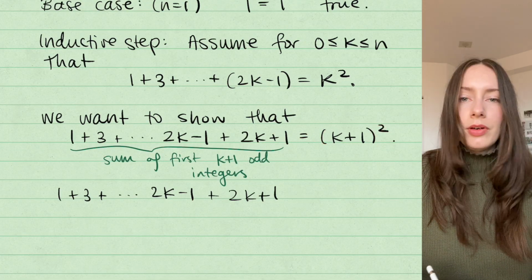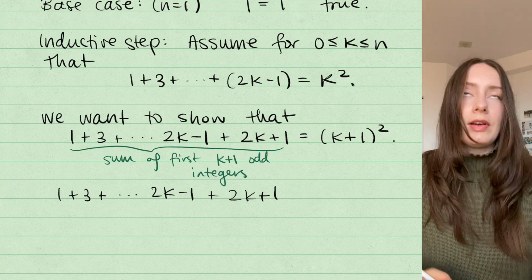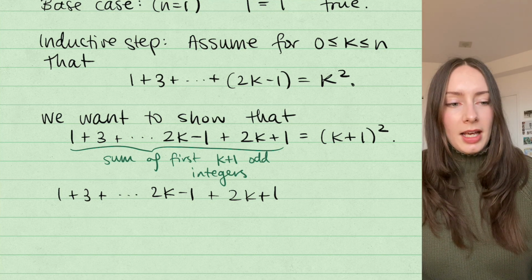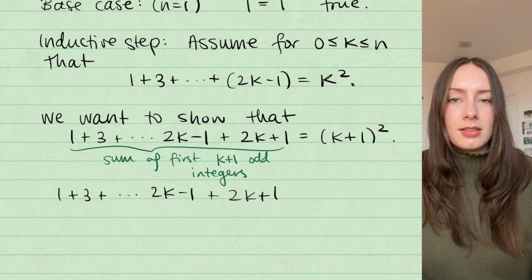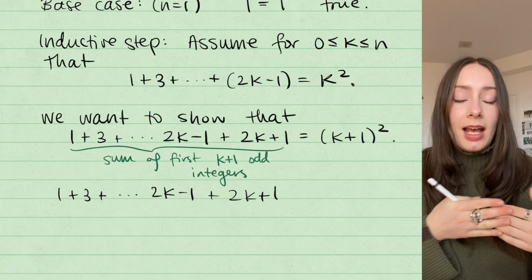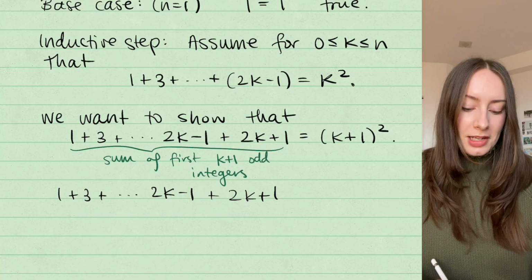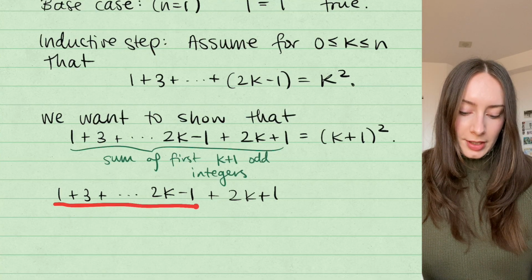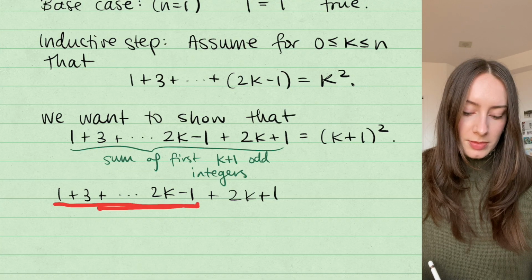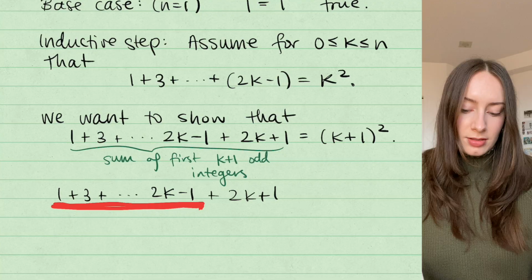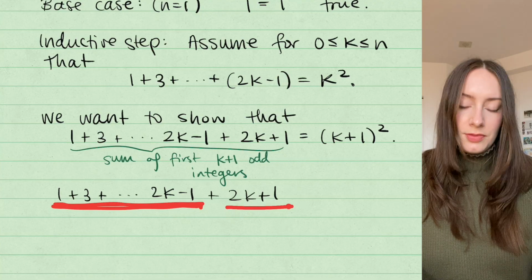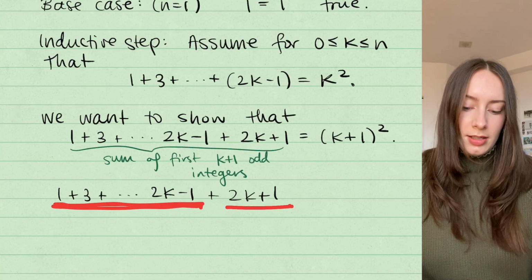But if you notice, if I look at the sum of the first k plus 1 odd integers, the sum of the first k odd integers is already part of that sum. If I look at just up to here, this is the sum of the first k odd integers, and then here's the (k plus 1)th odd integer.